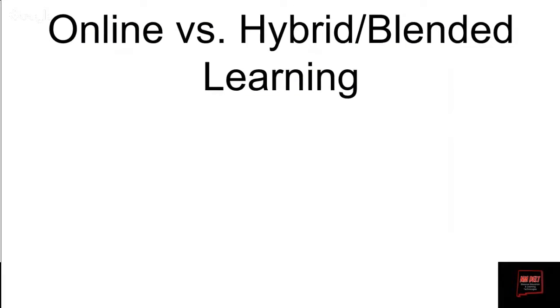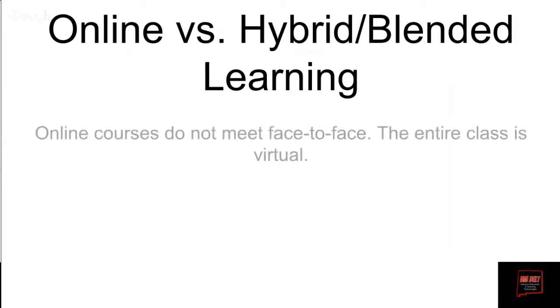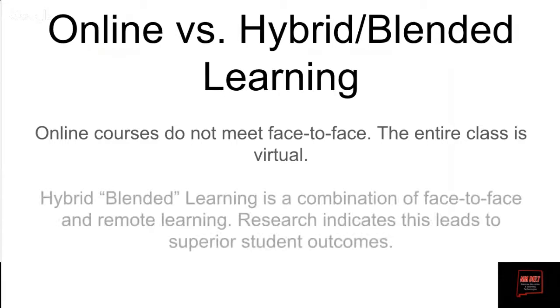So the first thing I want to talk about is online versus hybrid or blended learning. Online courses don't meet face-to-face. It is entirely virtual through some sort of learning management system. Blended learning is a combination of face-to-face and remote learning.